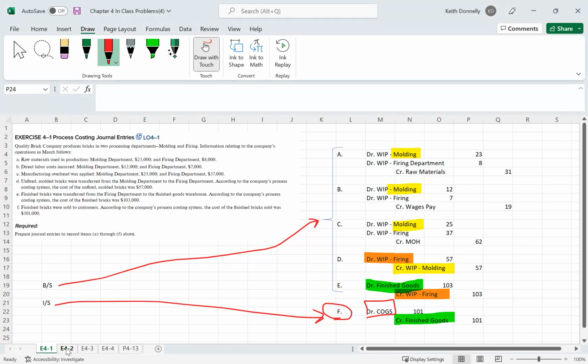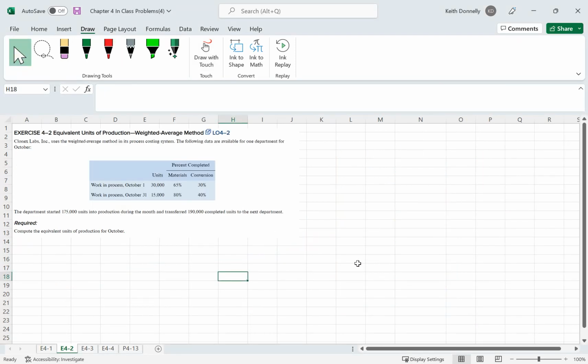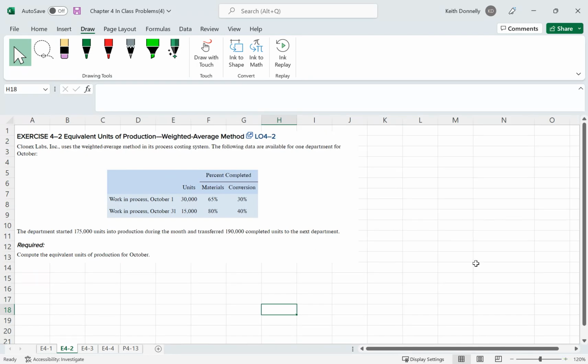Let's look here at E42. Okay, so it says Clonex Labs uses the weighted average method in its process costing system. The following data are available for one department for October.